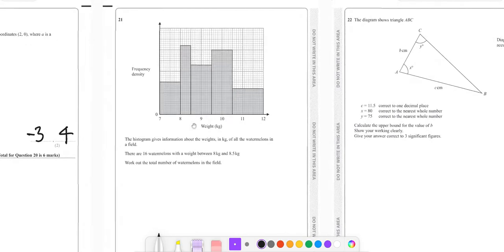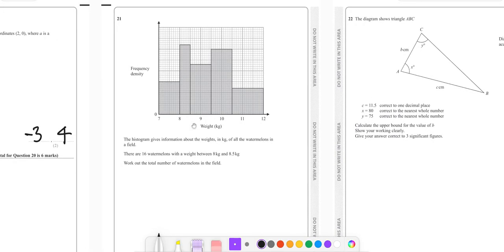The histogram gives information about the weights in kilograms of all the watermelons in the field. There are 16 watermelons with a weight of between 8 and 8.5 kilograms. Work out the number of watermelons in the field. Okay, so it's telling us about one of the scales, and we've got to use that to work out all the others. So we know the area of this, between 8 and 8.5, is 16.